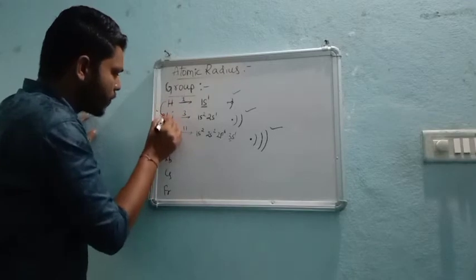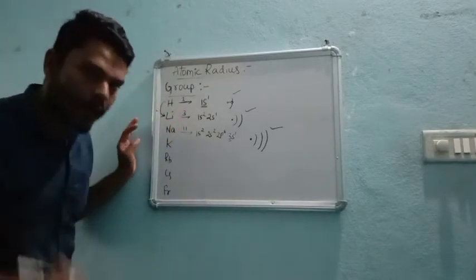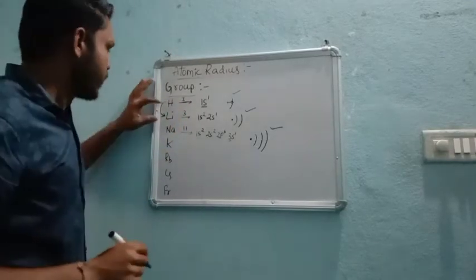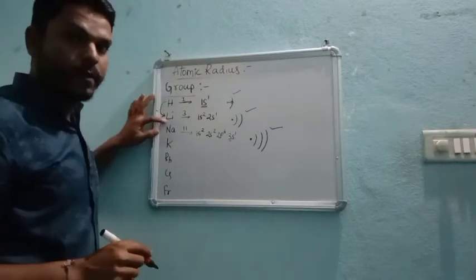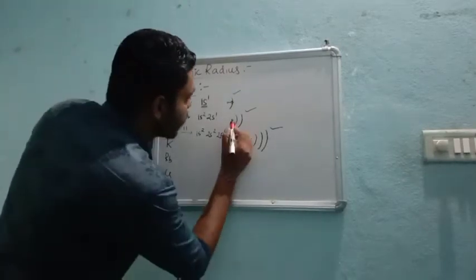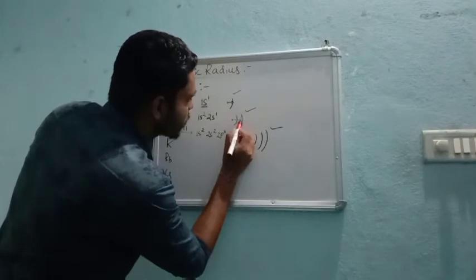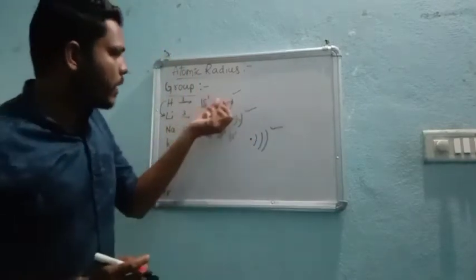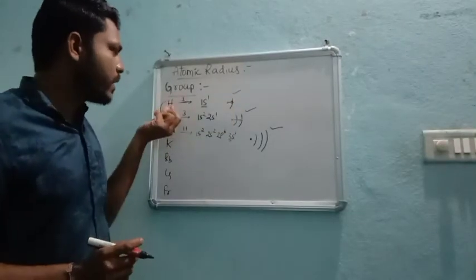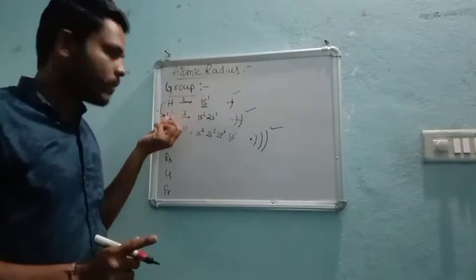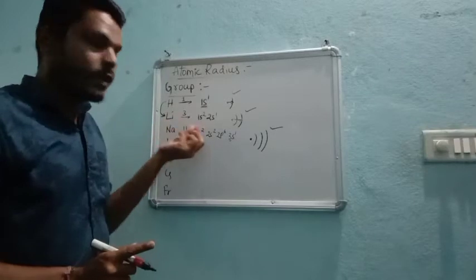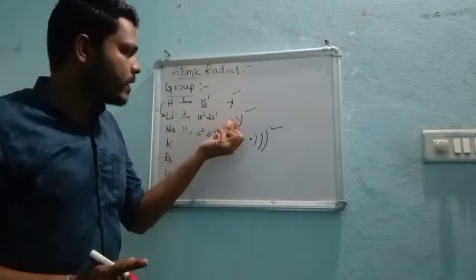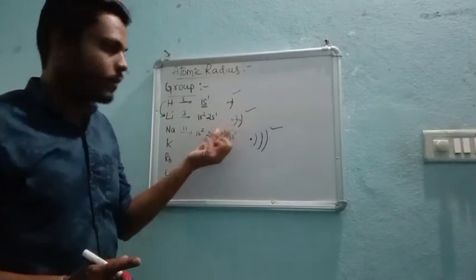In the same group, if I move one element down, there is lithium, and now what is the size in lithium? Comparing the first element of the group with the second element, the size is a bit increased.